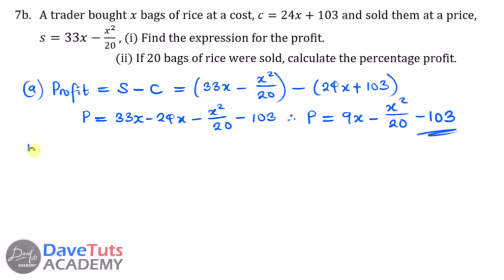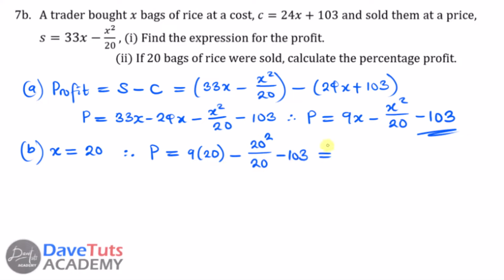In the second case, we are asked that if 20 bags of rice were sold, what is that translating into? We are already told that the number of bags is what we regard as x. So here we are saying x is nothing but 20. Therefore, we can look at first the profit. That's going to be 9 multiplied by 20 minus 20 raised to the power 2 over 20 minus 103.